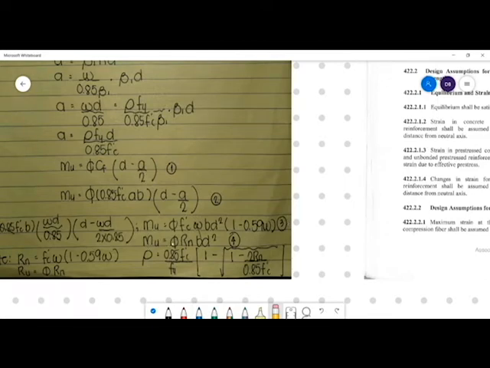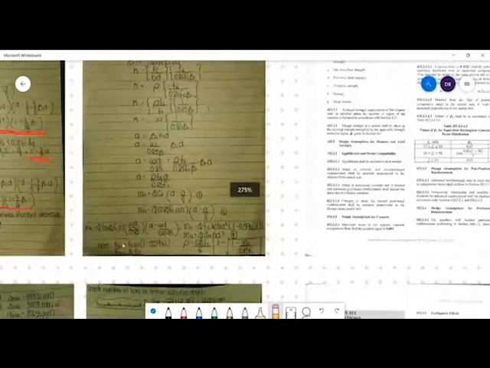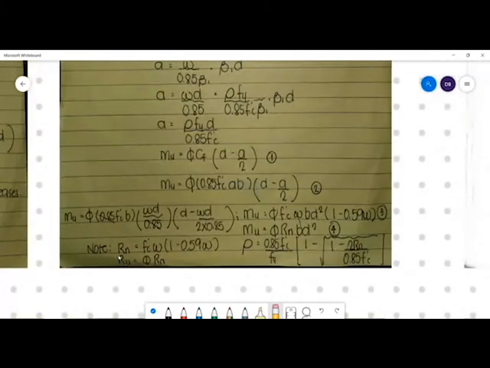And formula 4, Mu is equal to phi Rn bd squared. So note that Rn is equal to f'c omega times 1 minus 0.59 omega. So you have to remember this formula.